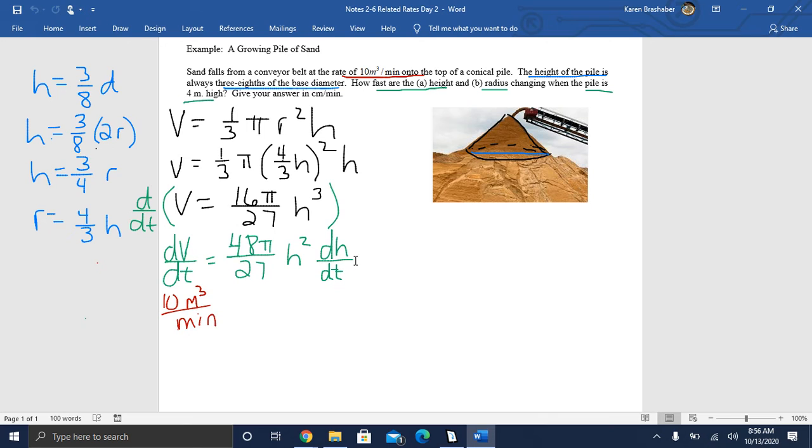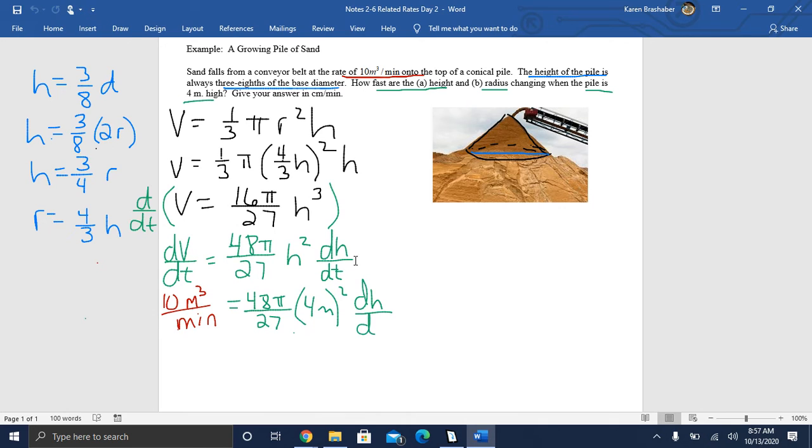By the way, I know that that's dV/dt if for no other reason than the units. It's cubic meters, and cubic is a measure of volume. All right, then we have 48 pi over 27, and we have the h, which is 4 meters, and this is going to be squared, and then dh/dt.